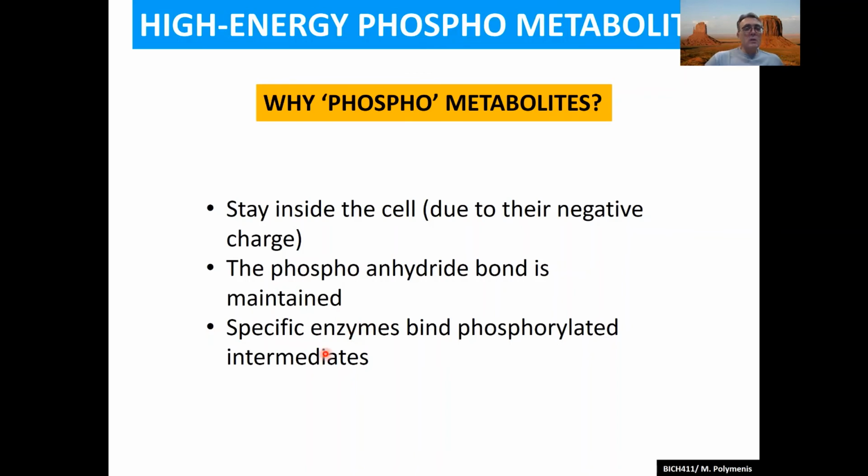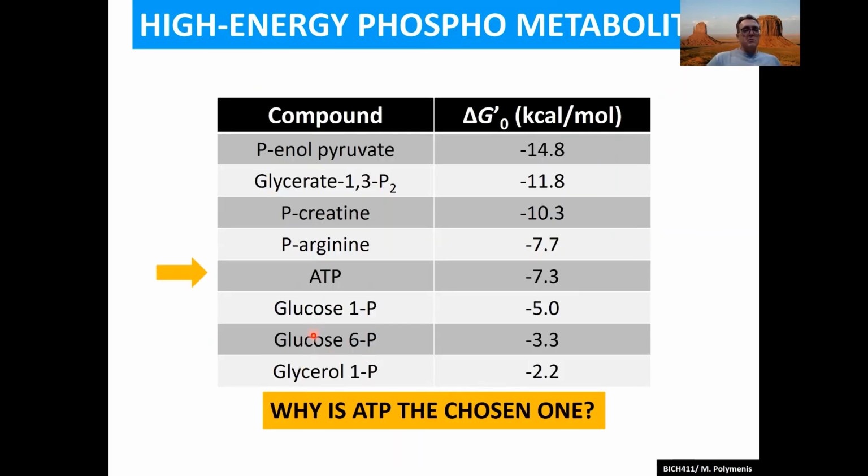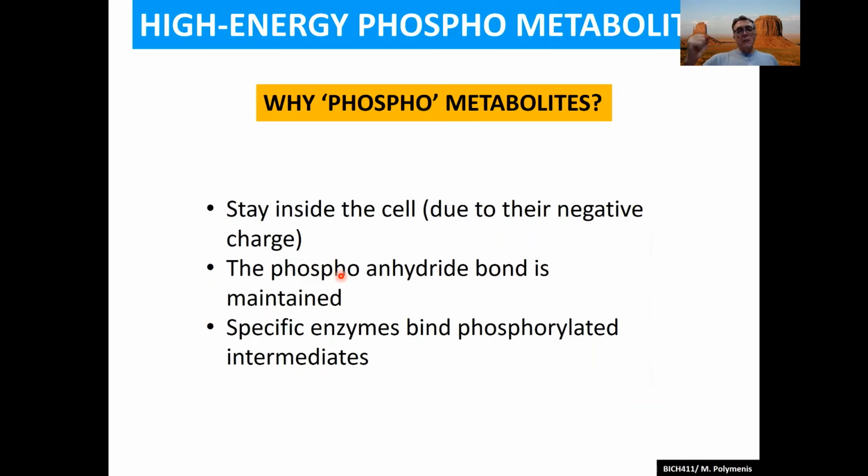In addition, once you phosphorylate something, whether it's a simple sugar like here, or another compound, or a protein or a lipid, which can also be phosphorylated, immediately it's like you plant a flag on it and it can be seen as phosphorylated. In fact, there are specific enzymes that only bind the phosphorylated versions of their substrates and not the other ones, right?